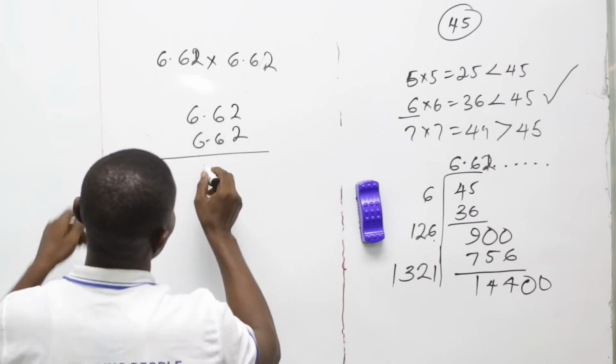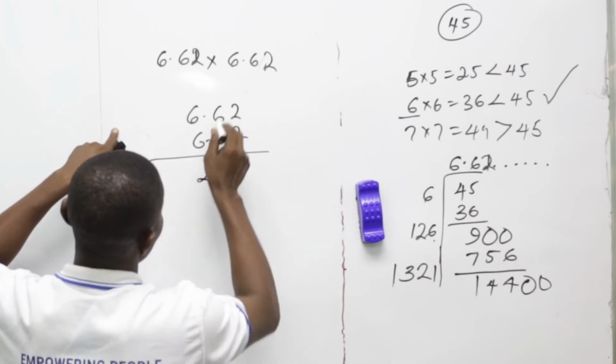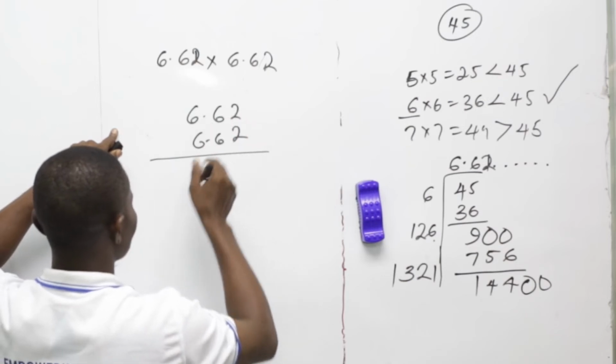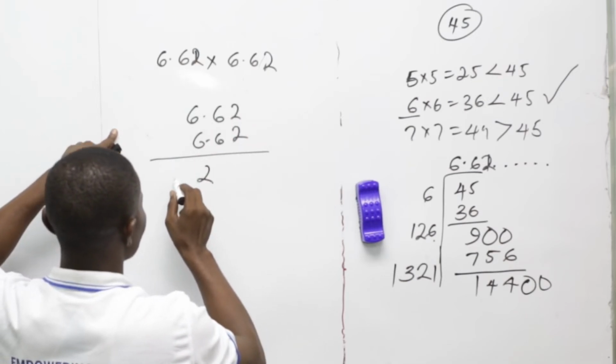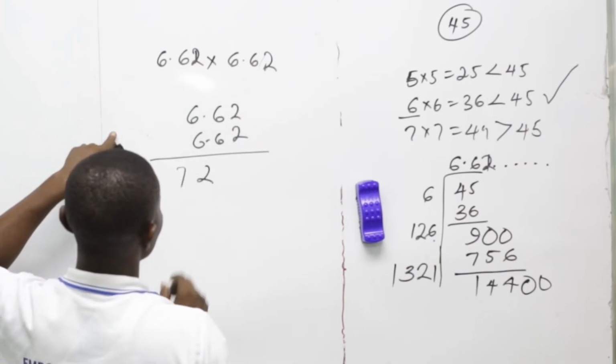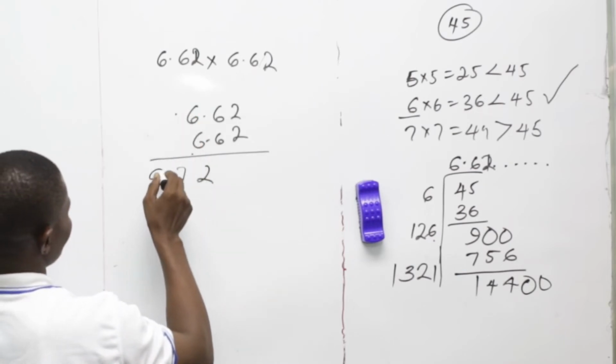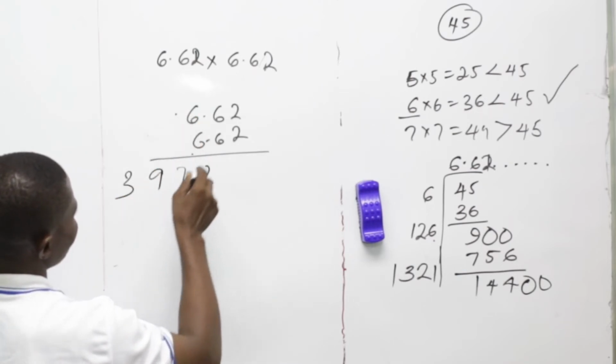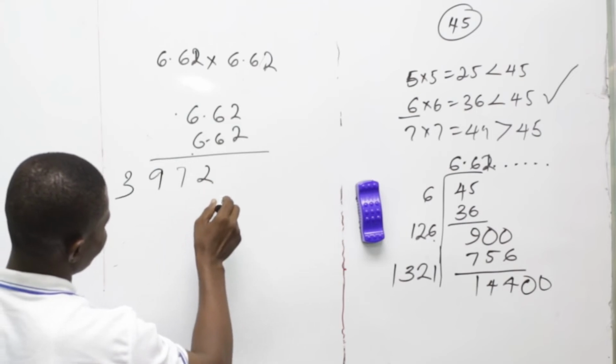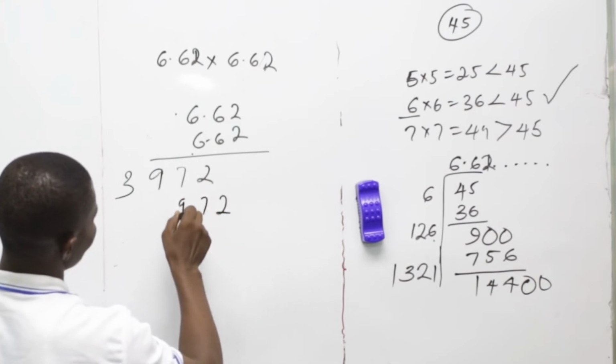You multiply. This is 12. Carry 1. This is 36. 37. Carry 3. This is 36. 39. Then 2, 7, 9, 3.